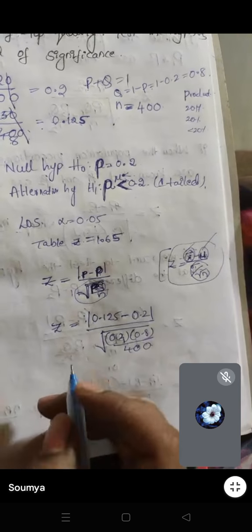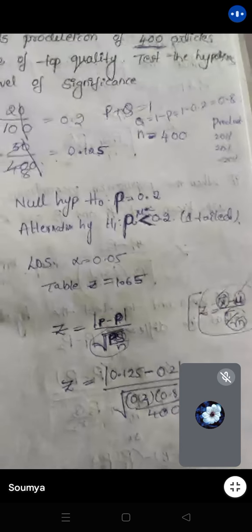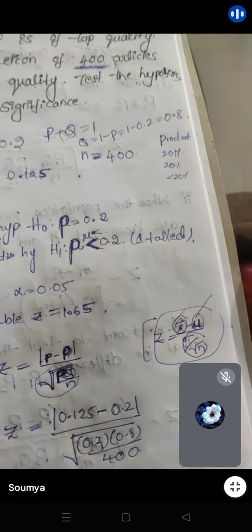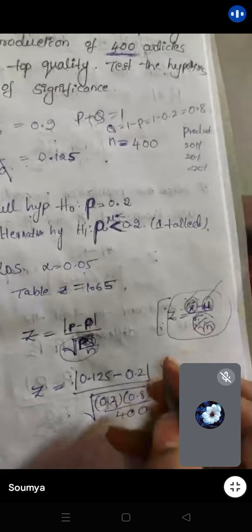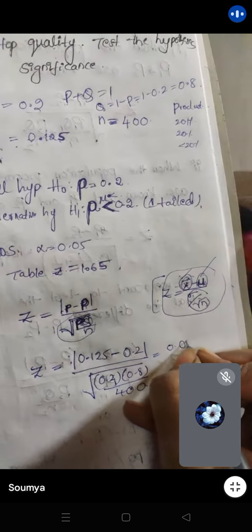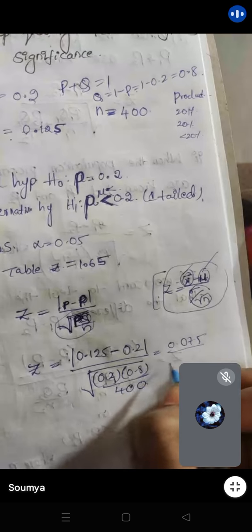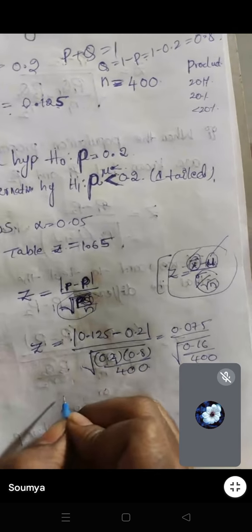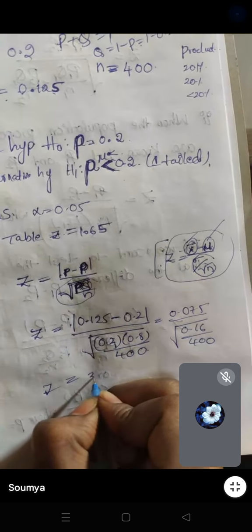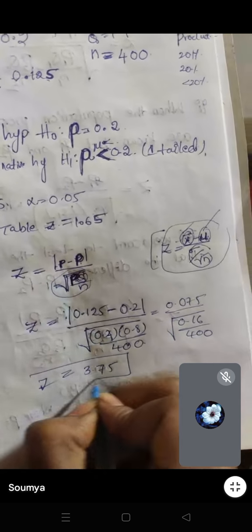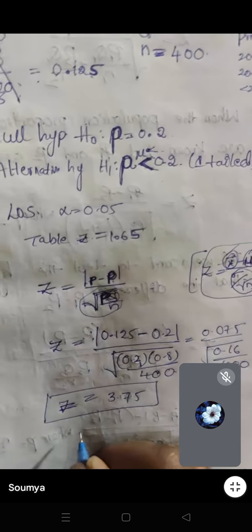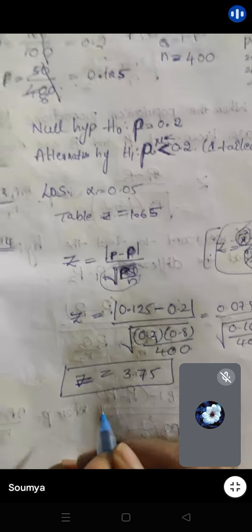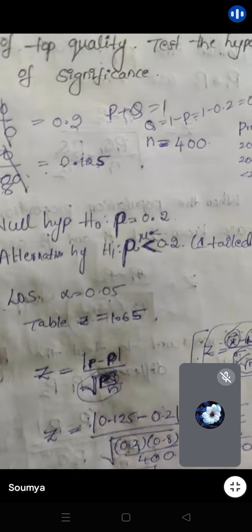Use your calculator: the numerator is 0.075, and 0.16 by 400 under root gives the denominator, so you will get Z equals 3.75.